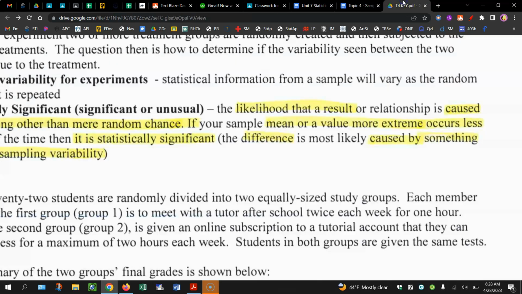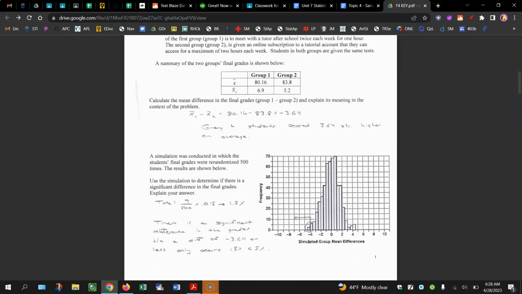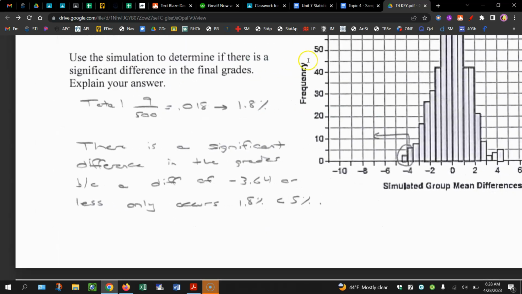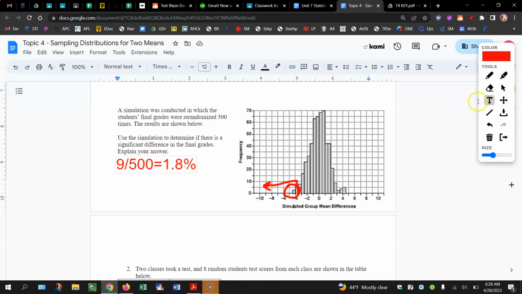And then let me go back to the key. So 1.8%, so we would say there is a significant difference in the grades because that difference of negative 3.64 or less only occurs 1.8% of the time, which is less than 5%. You might not be able to read that, so let me put that here.